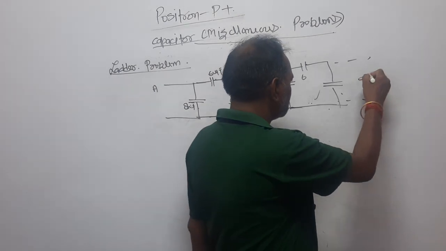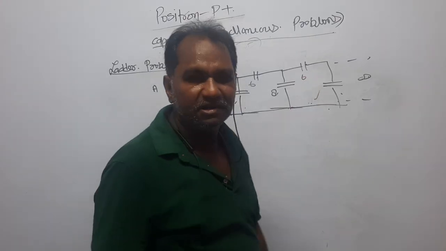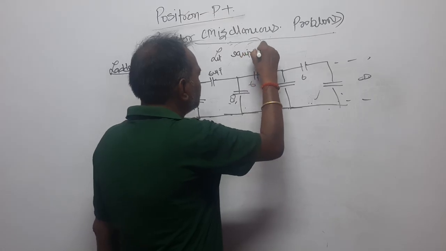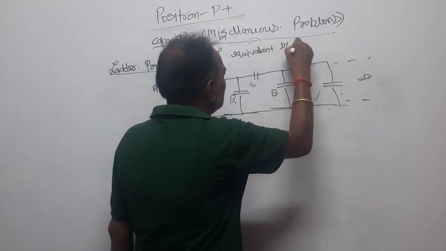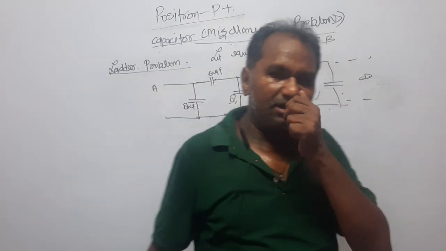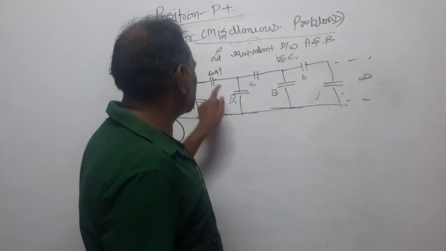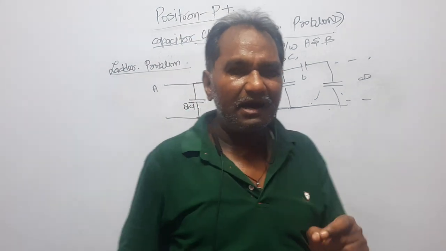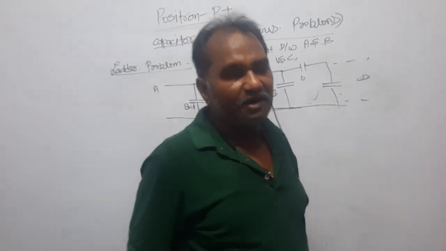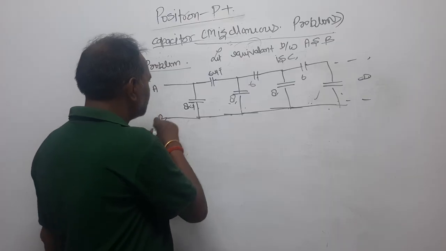Such an infinite set of 8 and 6 combination, let the equivalent capacitance between A and B be C. This is the infinite set, a ladder of 8, 6 combination repeated infinite times.